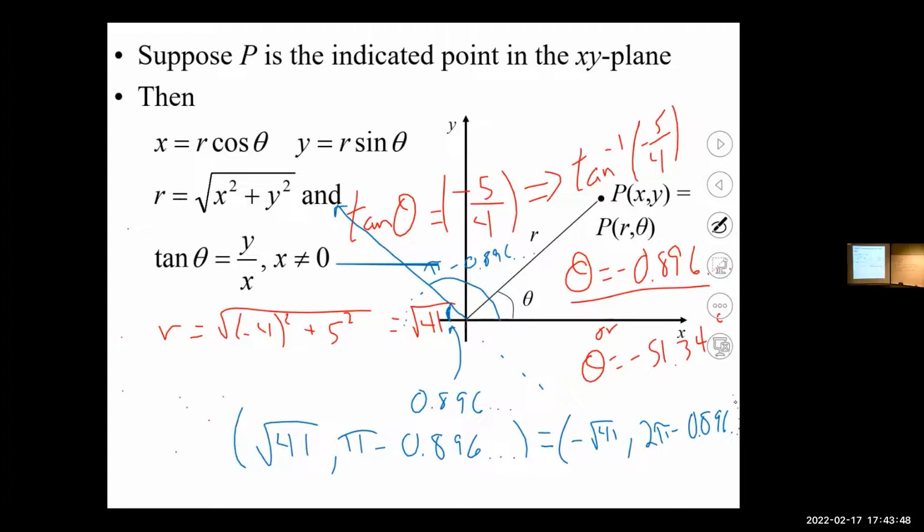Because we can keep going around this circle, there's an infinite number of ways we can define any single point in polar, because we can always go another 2 pi around the circle and get back to the same point. We always keep it as simple as possible; this would be the one that we would use. We'll talk a little bit about that idea of a negative radius down the road.